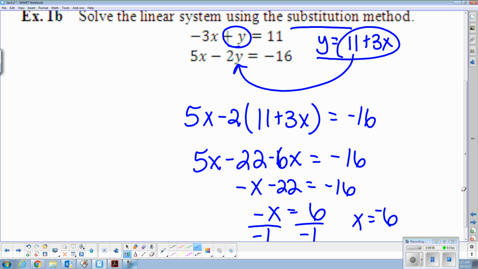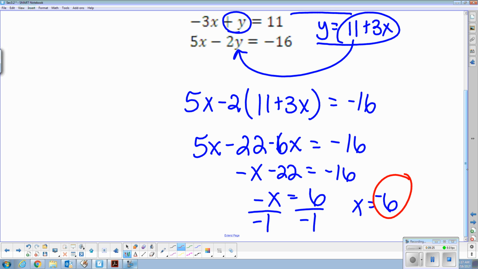Now again, it doesn't matter where you put this -6 for x, whether you put it into the first or the second equation, either one will help you solve y. I usually use the other equation, whichever one I didn't use first, but it's completely up to you. So I'm going to plug this into the first equation, -3 times -6 plus y.